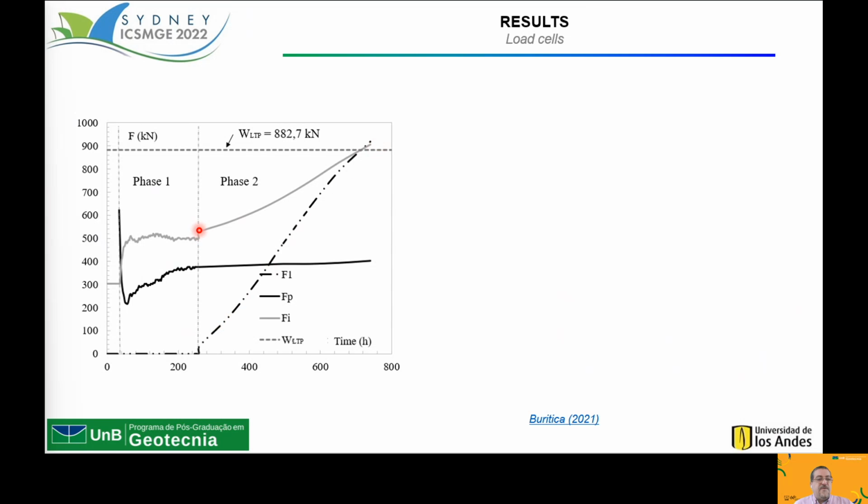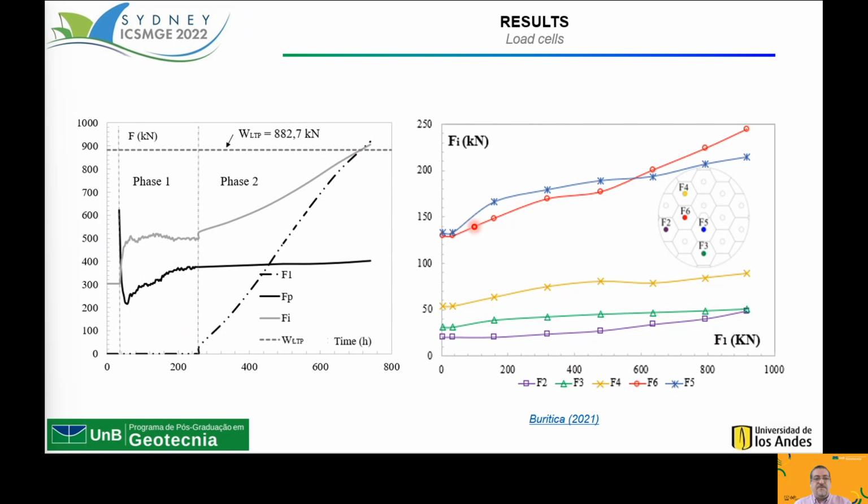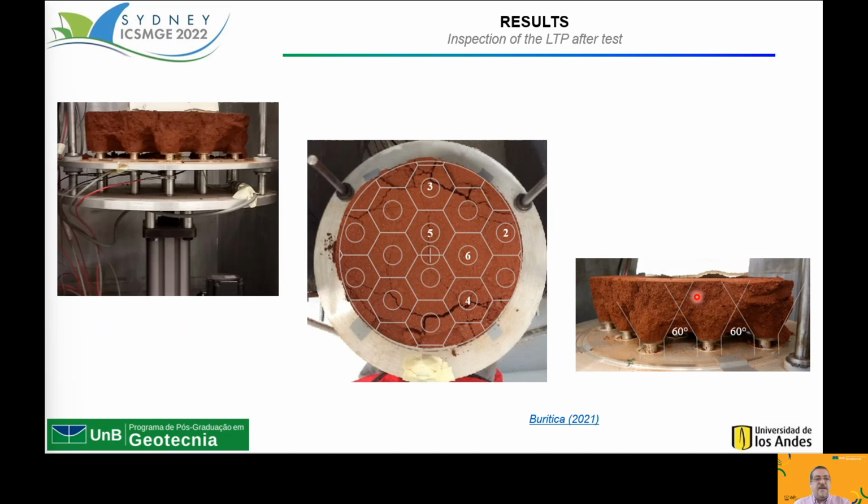We can see also that in the second phase, practically the inclusions take all the load that was applied. Here are all the other results. We can see here the load development in the central inclusion, and here the load development in the border inclusions.